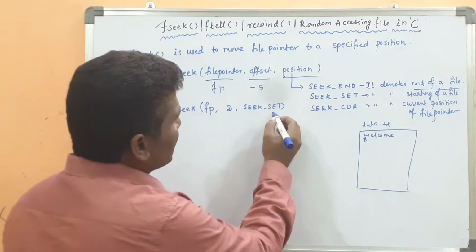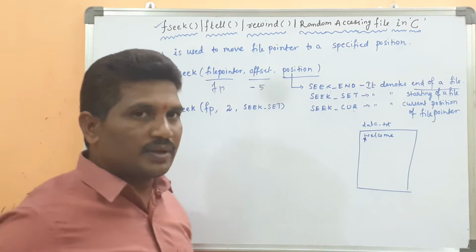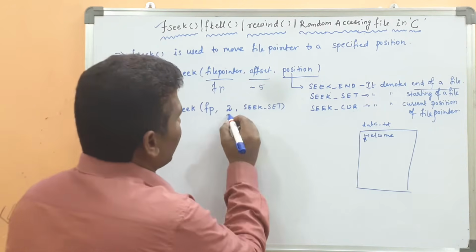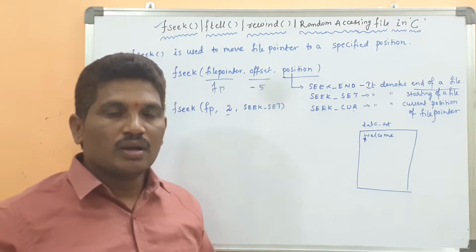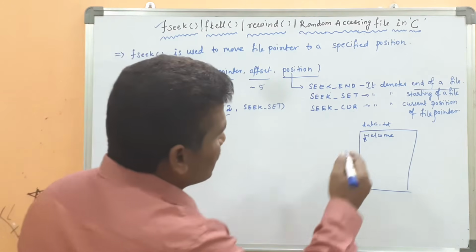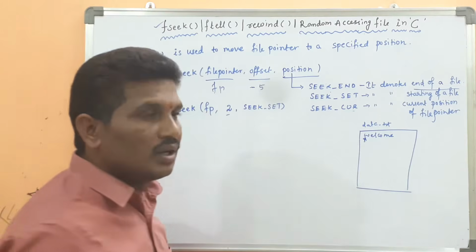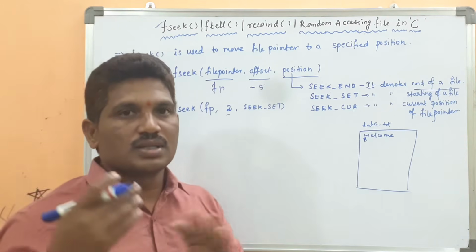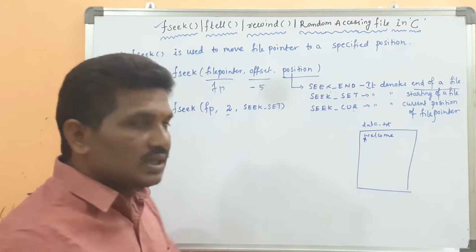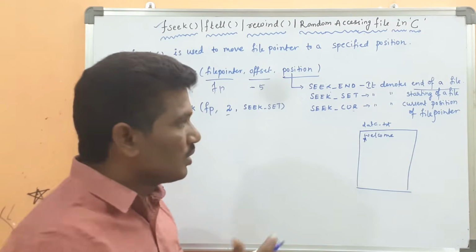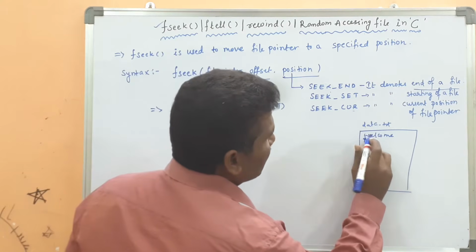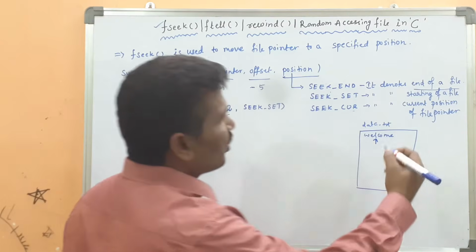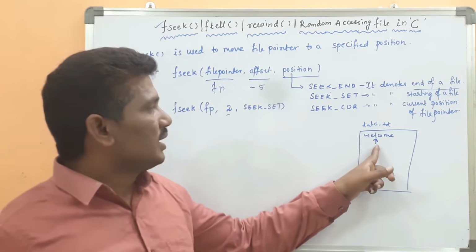Here, positive number with SEEK_SET means the cursor is at the beginning of the file. How many bytes can it move in the forward direction? 2 bytes. Then 2 bytes will move to here. This is byte 0, 1, 2, because the index starts from 0. Here is where the file pointer will be now.